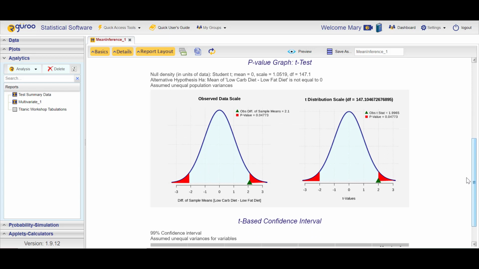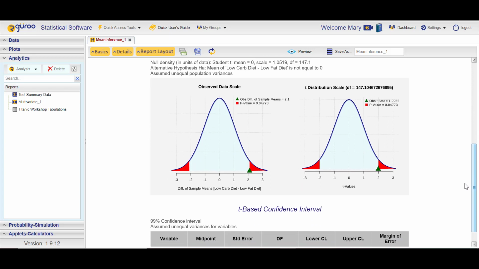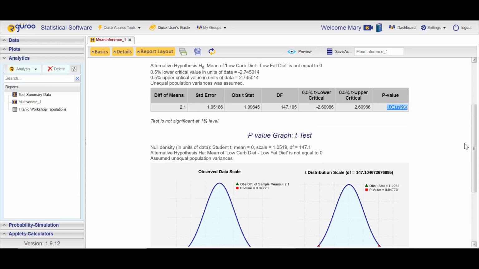You can see these are 2-tailed tests. All right, so our p-value is 0.0477.